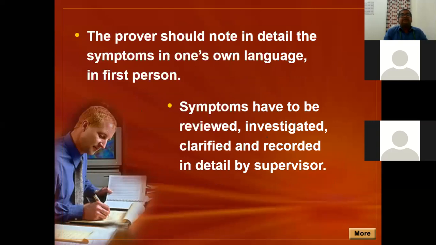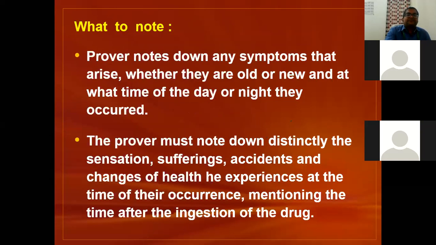Symptoms have to be reviewed, investigated, clarified, and recorded in detail by the supervisor. After the proving, every day the supervisor will go to the particular prover and ask everything. If he is not clear about anything, he can ask him to explore the matter with the feeling, so that he can write in his own language.